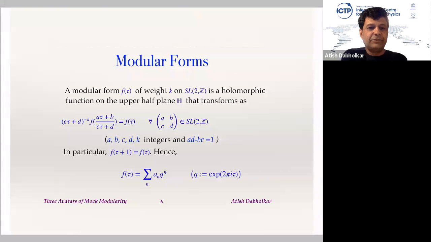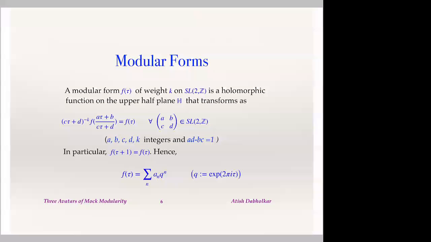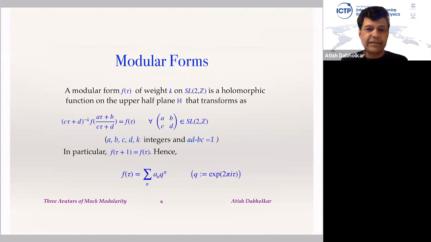So if you take out this factor of (c tau plus d) to the power minus k, then the function is invariant under modular symmetry. SL(2,Z) is the group of 2 by 2 matrices of integers such that the determinant is 1. And in particular, one of the symmetries is of course translation symmetry. So that means you can do Fourier expansion. And you can talk about its Fourier coefficients, or sometimes they're called q coefficients, because you write q as e to the power 2 pi i tau.